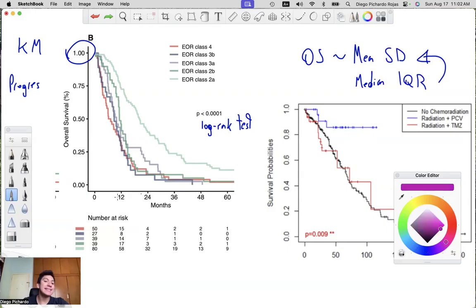Another important thing is that over here, they usually have a number at risk. That is really useful because it allows us to know how many patients begin in each specific group and how many patients are still at risk at any specific time point, like 24 months, 12 months, etc. So if I wanted to evaluate this as a categorical outcome, I could analyze how many of these patients reached 24 months, like two-year overall survival, as a categorical value.